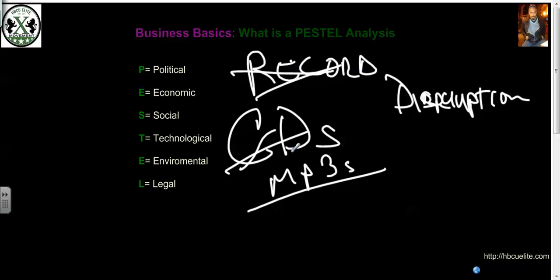MP3s became the new way. And also, I don't know if you remember this or not, because of that disruption and CDs going away, a lot of record stores actually closed down, and music started to be distributed and sold online, legally and illegally, if you remember a lot of piracy sites.